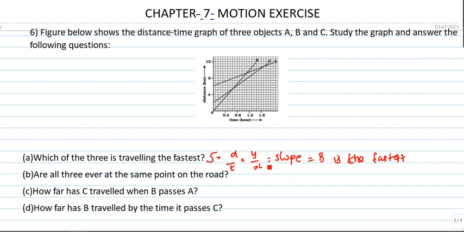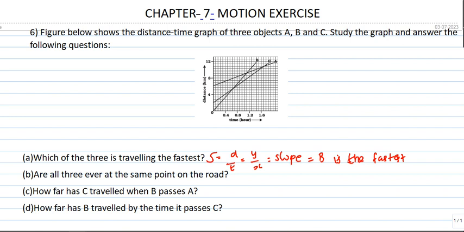So the next question is, are all 3 ever at the same point on the road? For this, all the 3 lines should meet at one point. So that is what it means when all 3 are at the same point. So we see from the graph that no 2 intersecting lines will intersect more than once. In the graph, we see there are 3 lines.